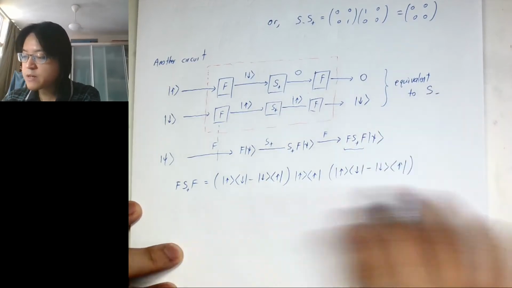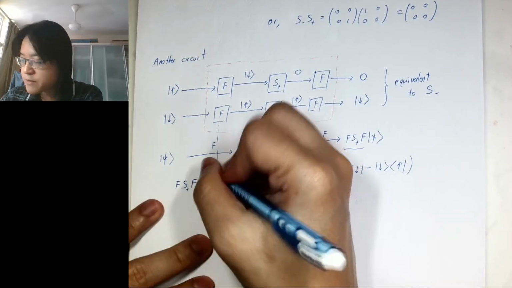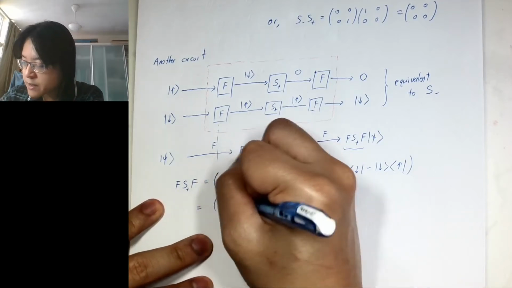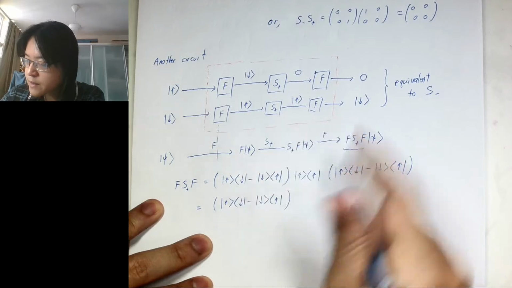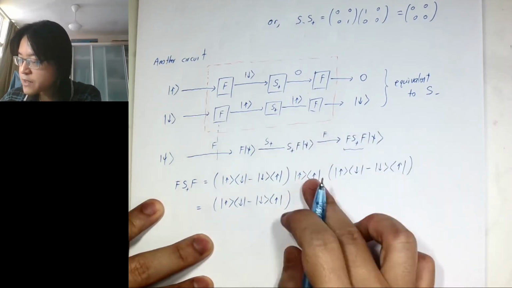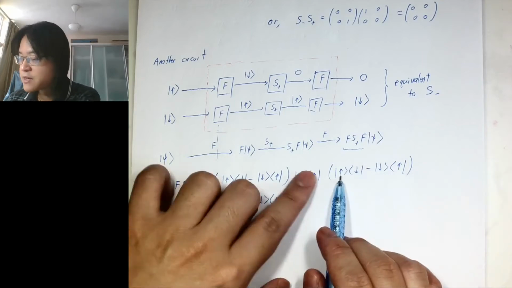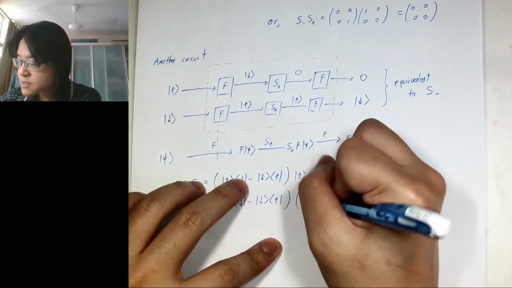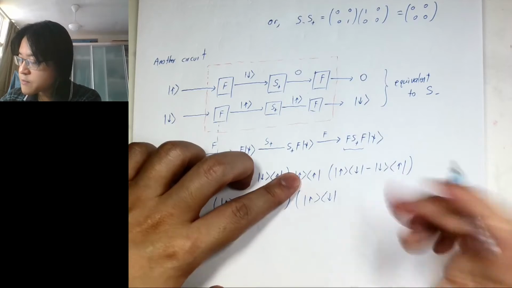You can also do the matrix multiplication, but I guess we want to practice using the ket-bra notation. Let us multiply this way. You can multiply to the left if you want, but usually I'm used to multiplying to the right. So up, up, this becomes up, down, and then this one will become 0.